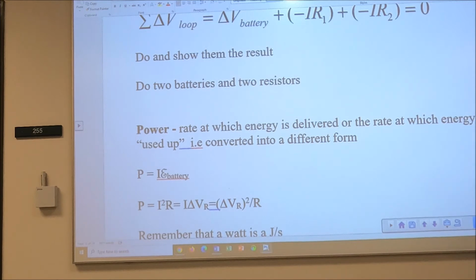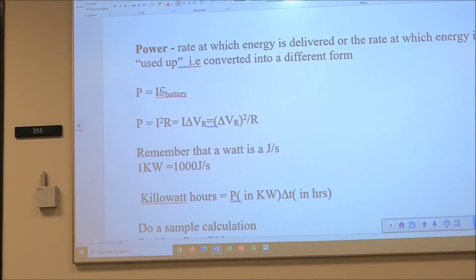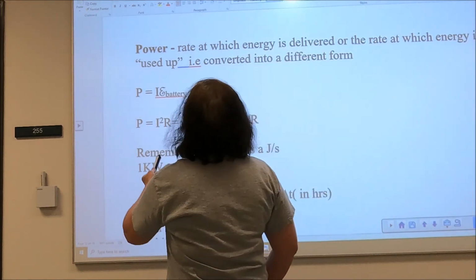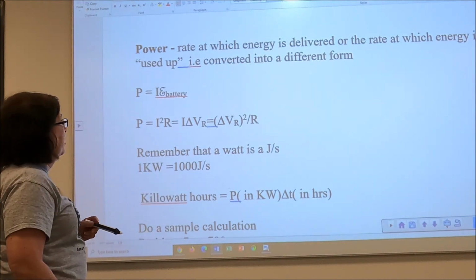Now, let's talk about power here for a second. Power is the rate at which energy is delivered, or the rate at which energy is used up, quote unquote. It's essentially converted from one form to another. Power is equal to current times the EMF, or the potential of the battery.